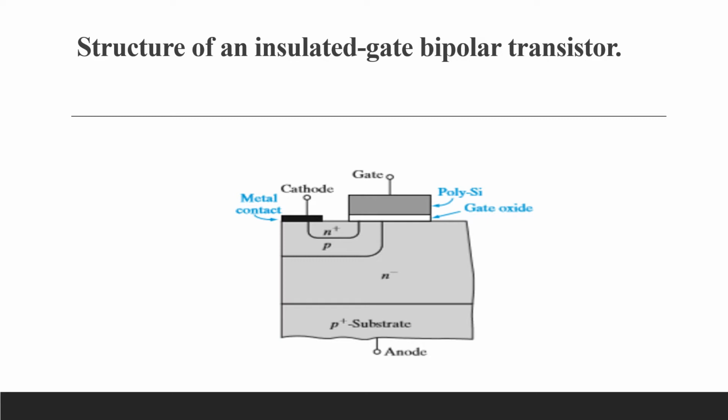The MOSFET channel width is determined by the P region, which is formed by diffusion of the acceptors implanted in the same region as this heavily doped N-type cathode.